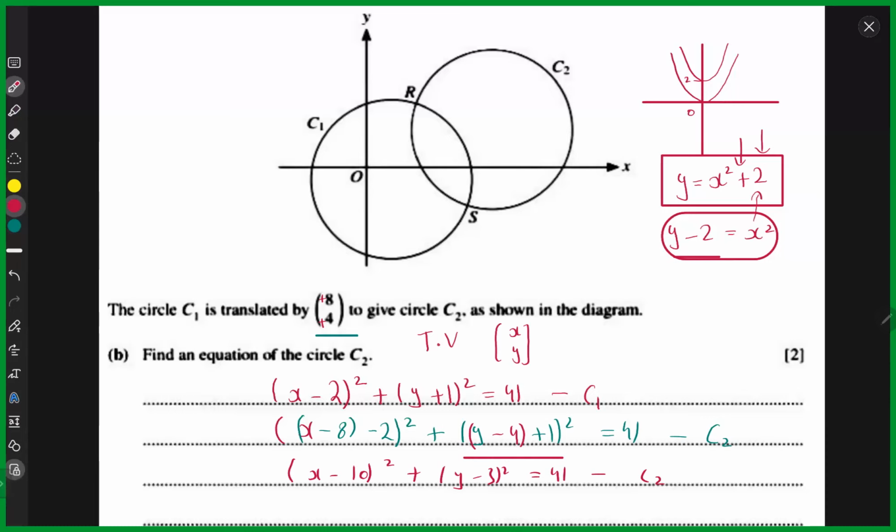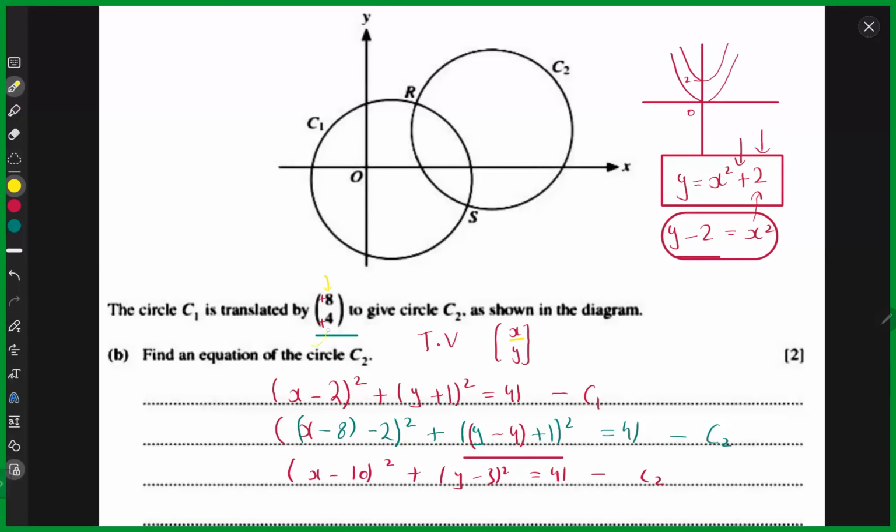Yes, now tell me if you were not able to understand anything. Miss, I didn't get how the number changed from -8 to -4. Minus 8 to minus 4? Why isn't it y minus 8? Because this is for x, right? This 8 is the change in x. Okay, yeah.